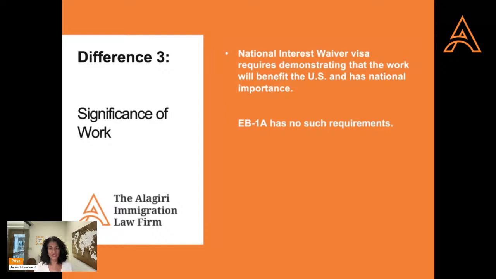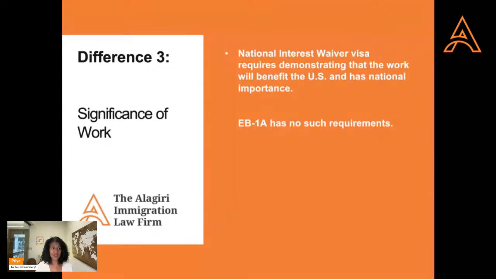Significantly, the national interest waiver, or the NIW visa, requires demonstrating that your work, or we call it your field of endeavor, will benefit the U.S. It's important to the U.S. to have someone like you with your skill set, your achievements, performing that particular type of work in the U.S.